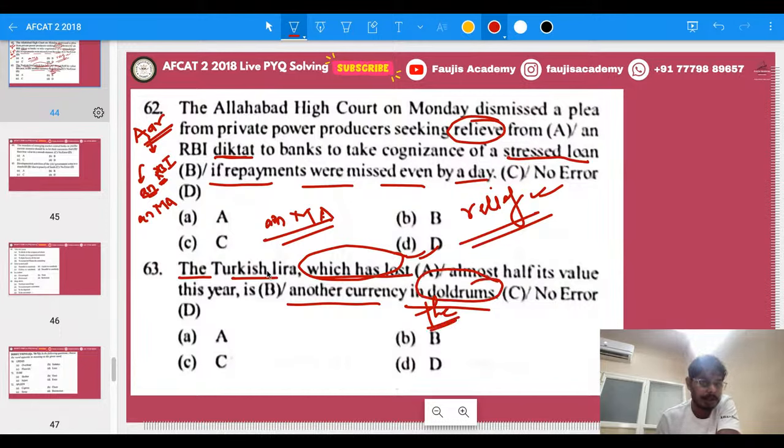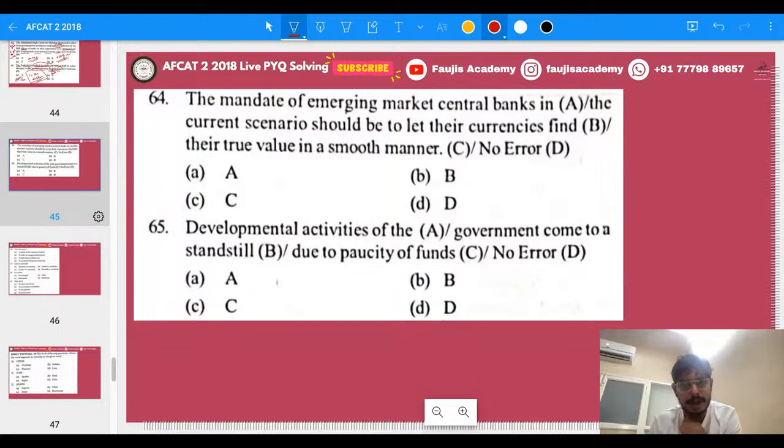All right, 64. The mandate of emerging market central banks in the current scenario should be to let their currencies find their true value in a smooth manner. Mandate means decision.